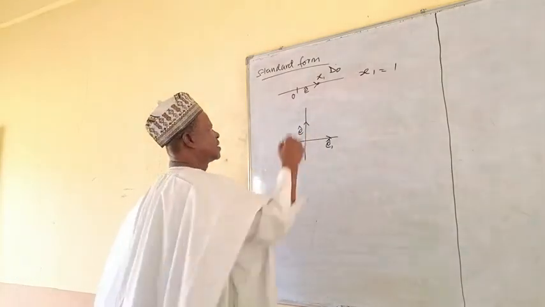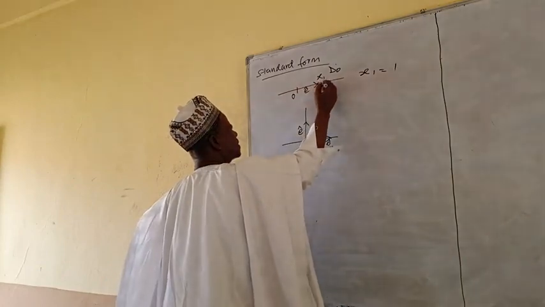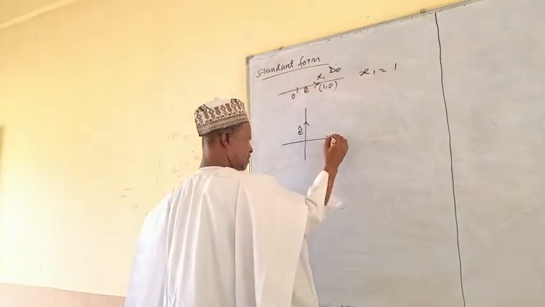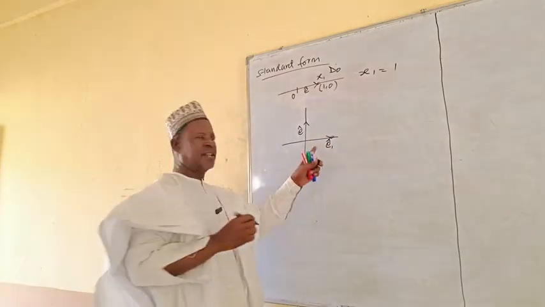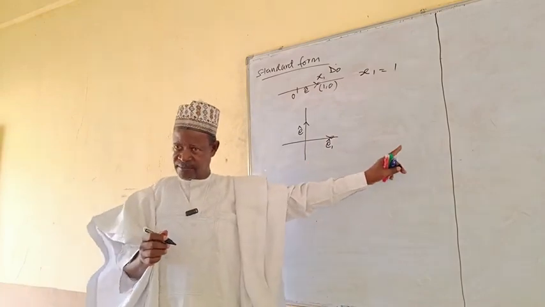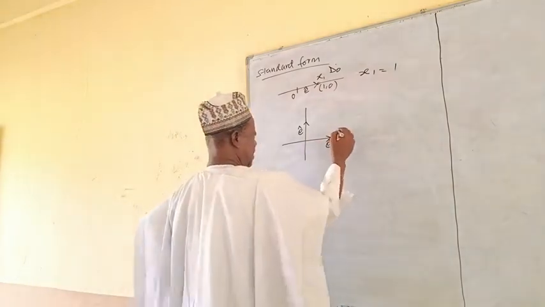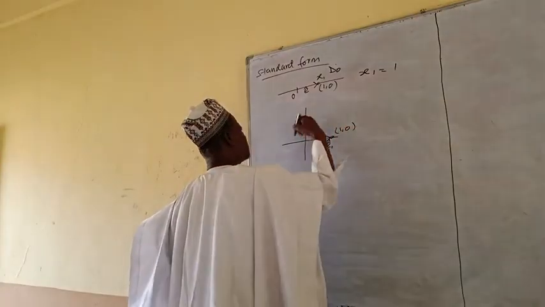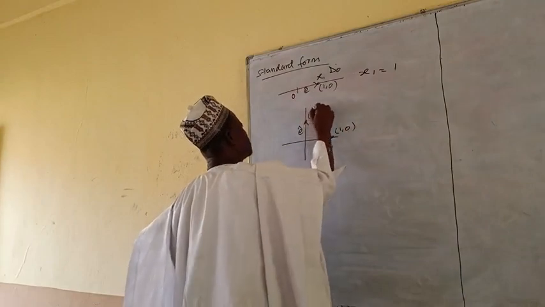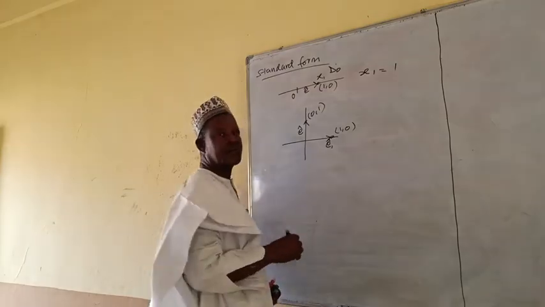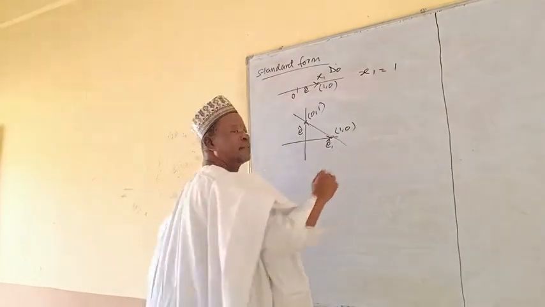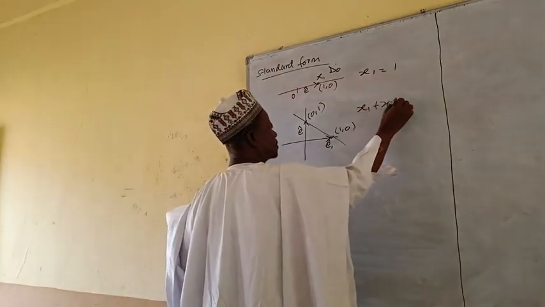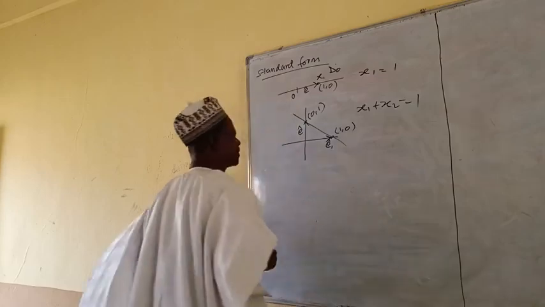What is the characterization of this point? This point is 1, 0. The point here, a unit vector along the x-axis, is characterized by 1, 0. And the point here along the y-axis is characterized by 0, 1. So the equation of this line is therefore x1 plus x2 equals 1.